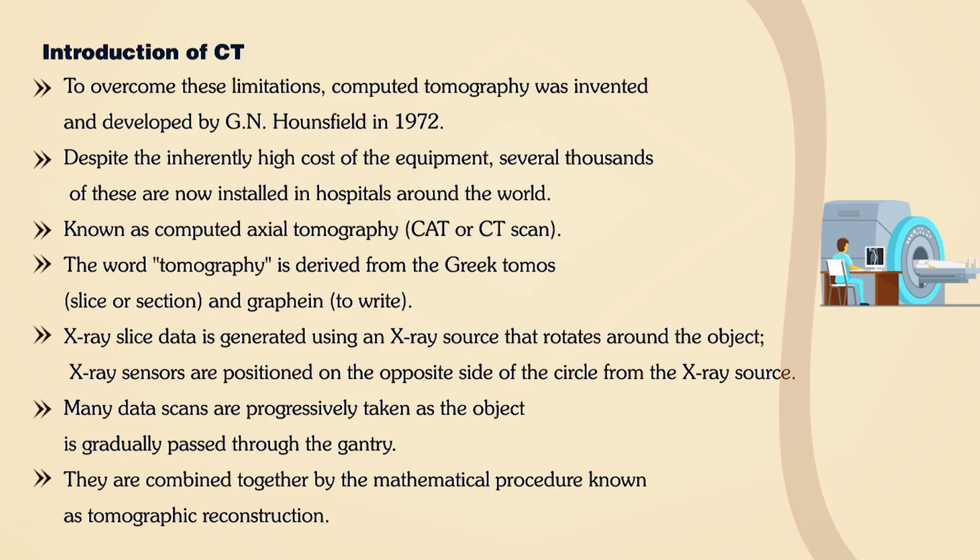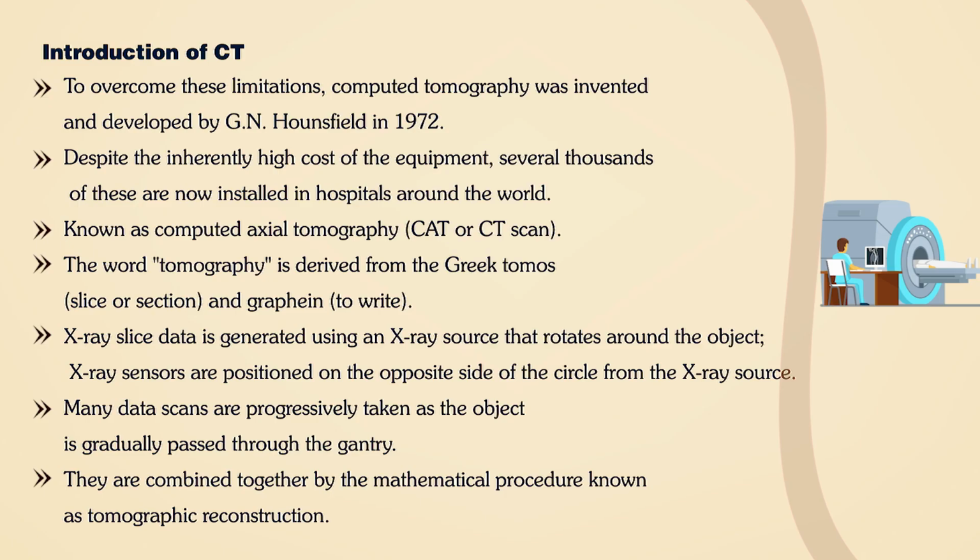In CT imaging system, X-ray slice data is generated using an X-ray source that rotates around the object. X-ray sensors are positioned on the opposite side of the circle from the X-ray source. Many data scans are progressively taken as the object is gradually passed through the gantry.